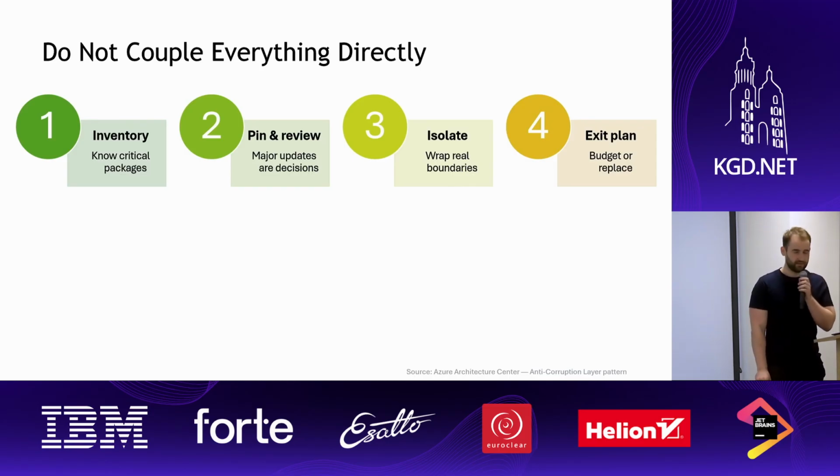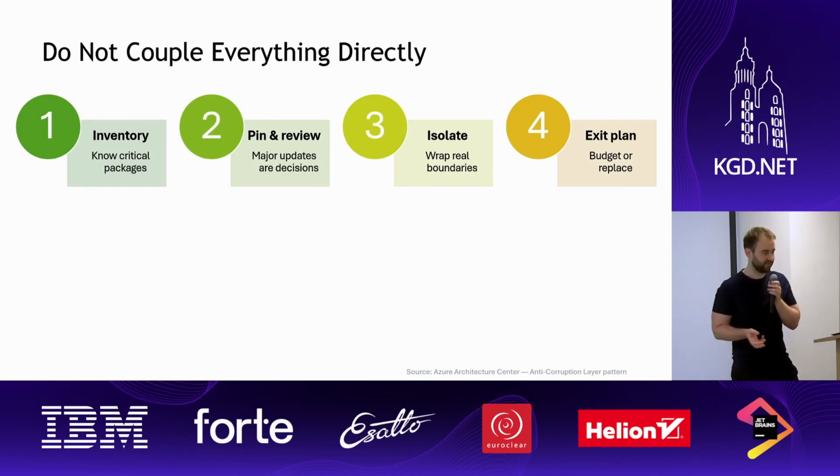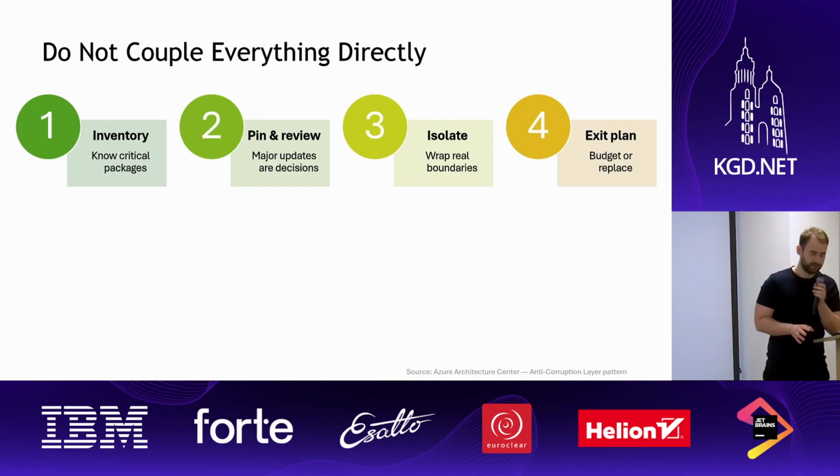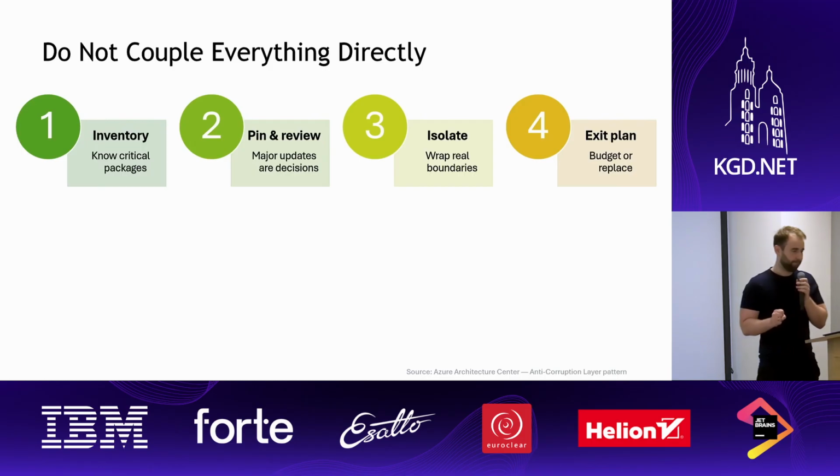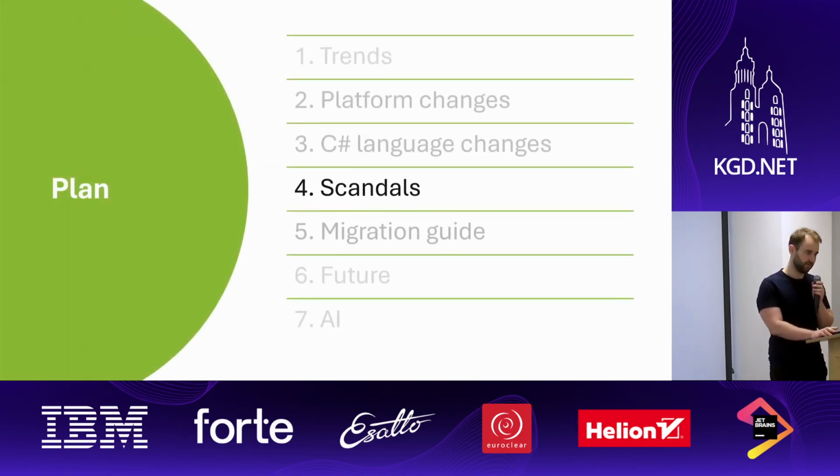Isolation is a really hard topic. Wrapping every assertion API, mocking library, or mapping helper can create more complexity than it removes. So the goal here is to have controlled dependencies. That's it about scandals.